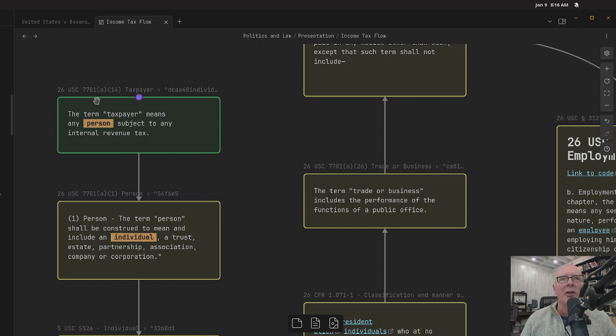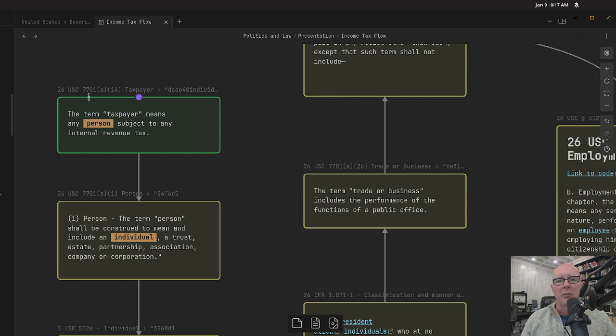Now, I want to point out Section 7701 is the primary definitions section for the entire Title 26. If you go into Title 26 and go down toward the end, you'll get to definitions, and that's where most of these definitions are found. There are exceptions.